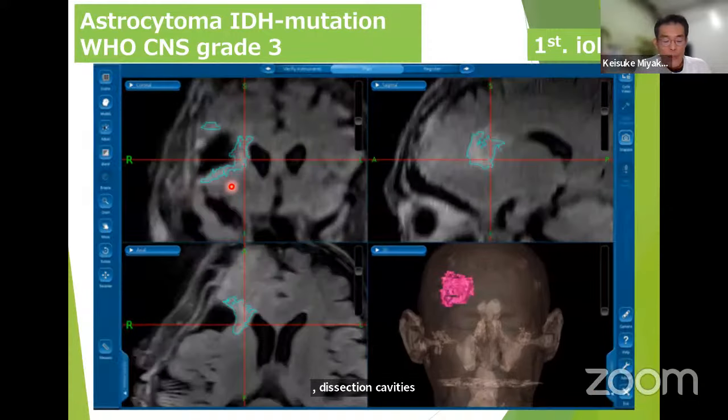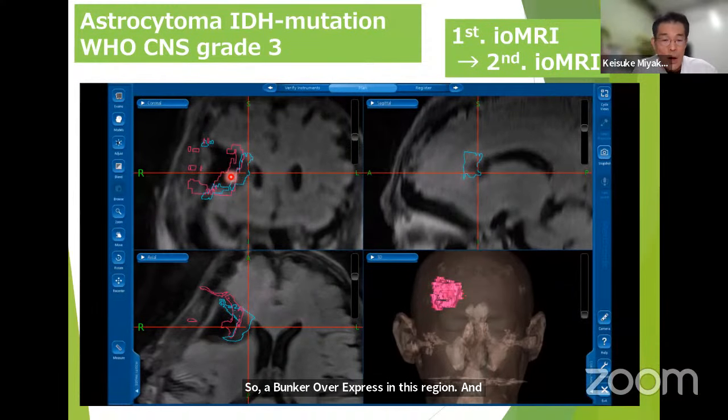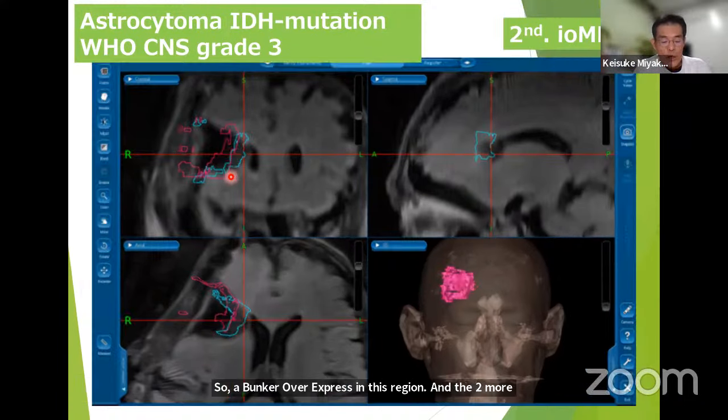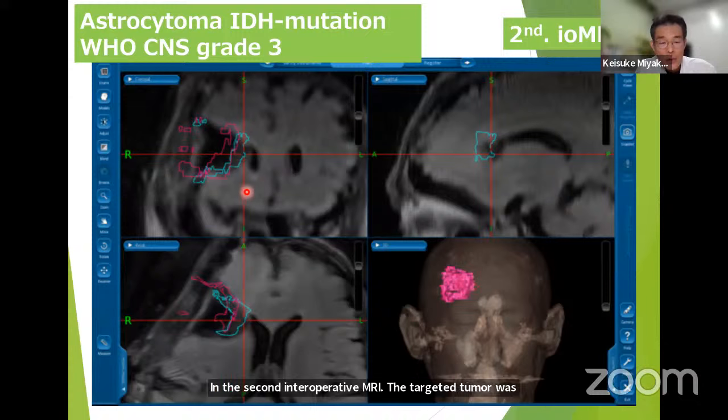So a marker was placed in this region, and tumor excision was carried out accordingly. In the second intraoperative MRI, the target tumor was successfully removed. So intraoperative MRI is very useful in understanding tumor residue.